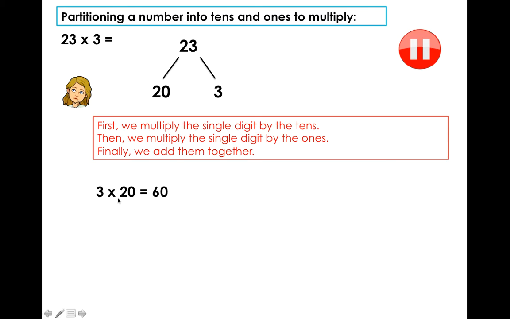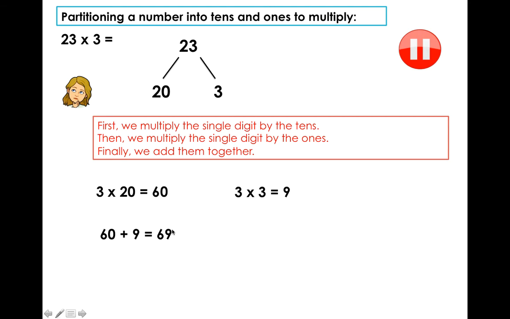Now remember, I know that 3 multiplied by 2 is 6, so I must multiply that 6 by 10 because 20 is 10 times bigger than 2. Then my next step should have been the single digit 3 multiplied by the 3 ones to give me 9. And finally we add them together. So 60 add 9 gives me 69.